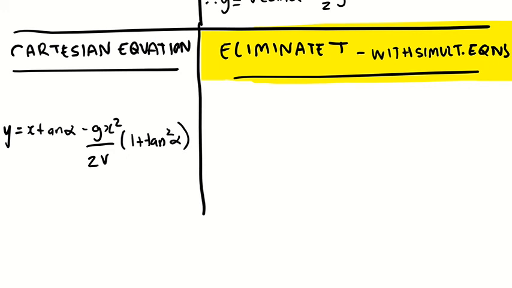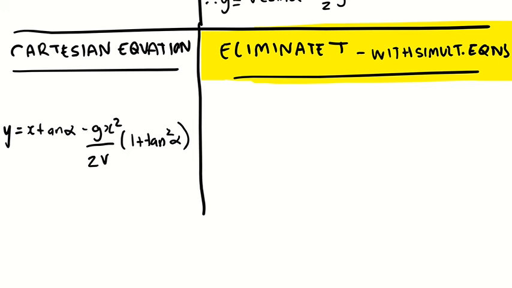That is the Cartesian equation for the projectile motion of this particle. So if we know the height, the y value, we can find how far away it is, the x value, and vice versa. Once again, we can't memorize this formula, you need to be able to prove it.